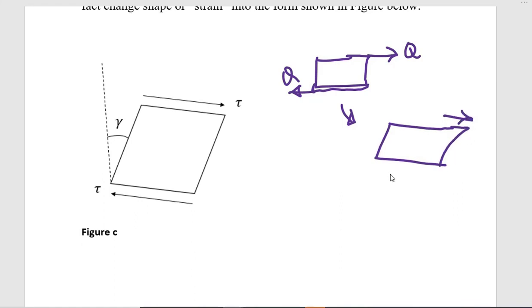This is going to be the stress, this is going to be the stress, and it will undergo an angular strain, which will be gamma. So this is the shear stress, this is gamma, which indicates the shear strain the object has undergone.